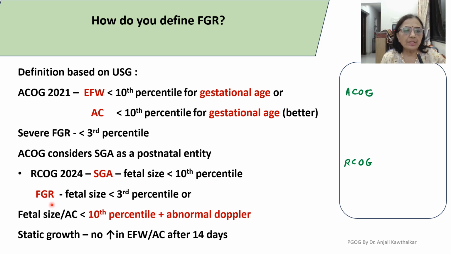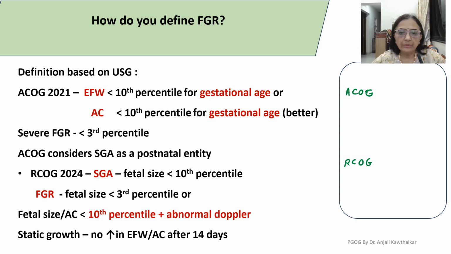Whereas fetal growth restriction is reserved only if the fetal size is less than the third percentile, or less than the 10th percentile with abnormal Doppler. That is what has been recommended by the UK guideline.